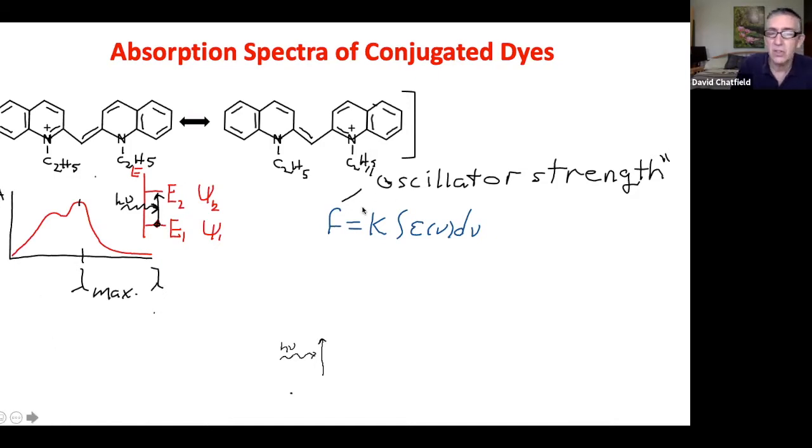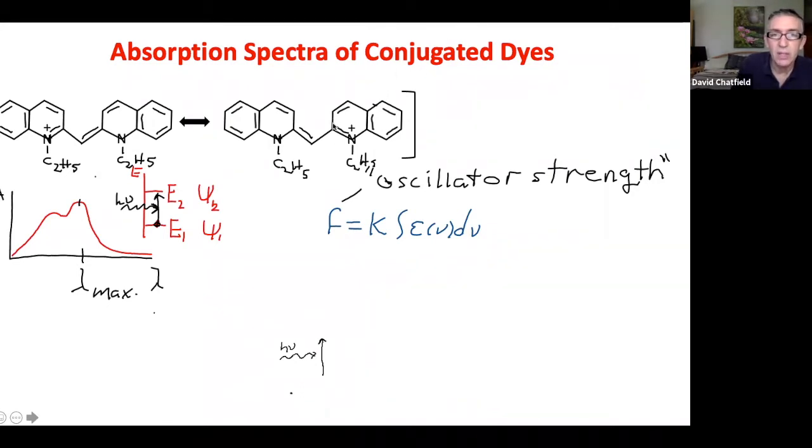And the oscillator strength can be written as an integral over K, which is a constant. It's really a collection of constants, and you'll find it in your lab manual. And of the integral over this thing called the extinction coefficient, epsilon, which is a function of the frequency d nu for the frequency.